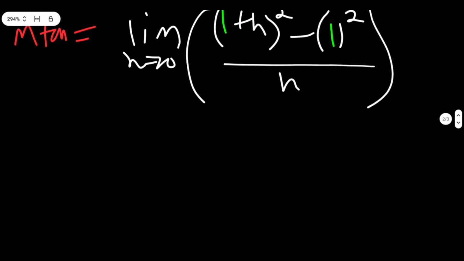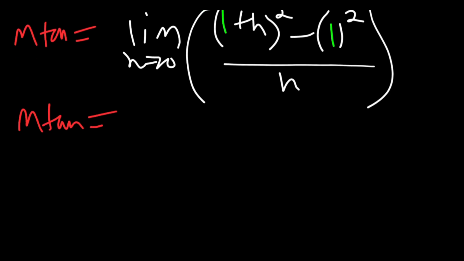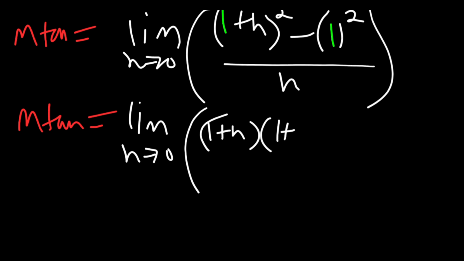Simplify. Our m tan equals the limit as h goes to 0 of 1 plus h, 1 plus h minus 1 squared over h.